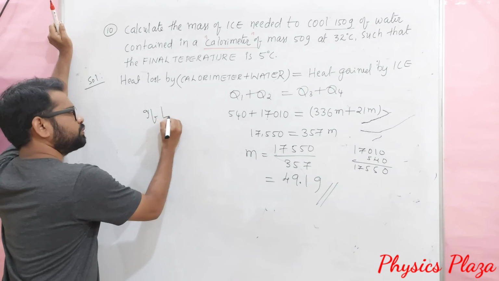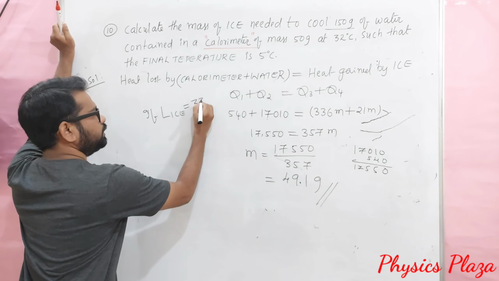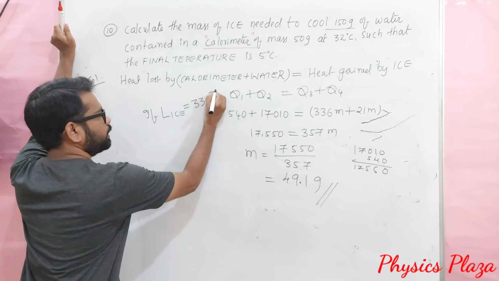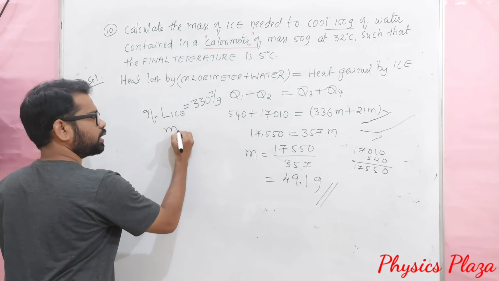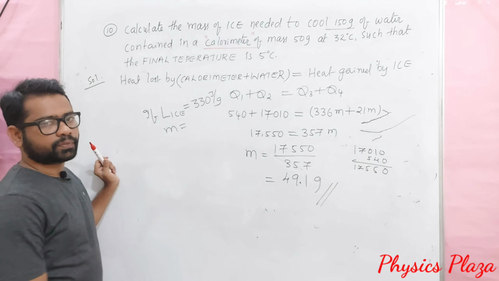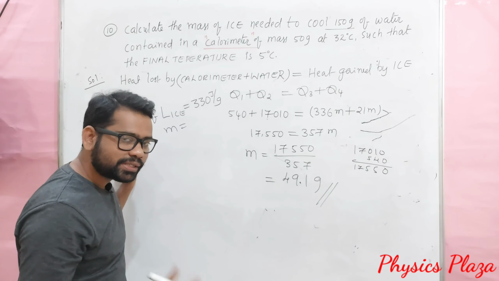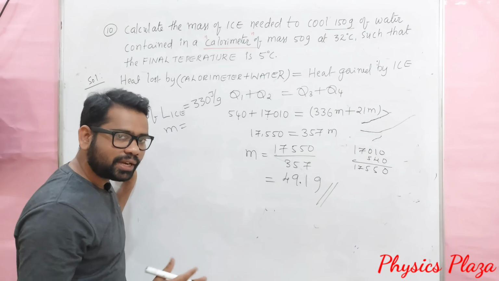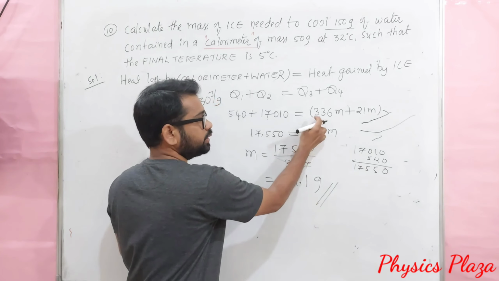If the specific latent heat of fusion of ice is given as 330 joule per gram, then calculate how much mass is needed. Same question, everything is same, but the difference is that here we have taken 336, but sometimes in a textbook or in an examination, it may be given as 330.